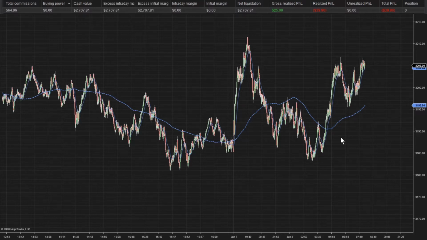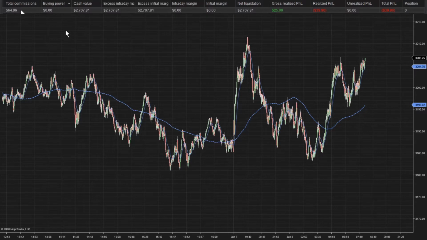One other thing was the way Ninja Trader is set up. You can see the total commissions, and that's calculated not by your actual account, but according to the application. At the end of the day, after everything is settled, all this stuff is updated, so this cash value may not be accurate.